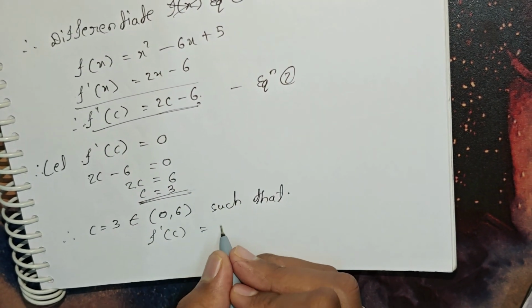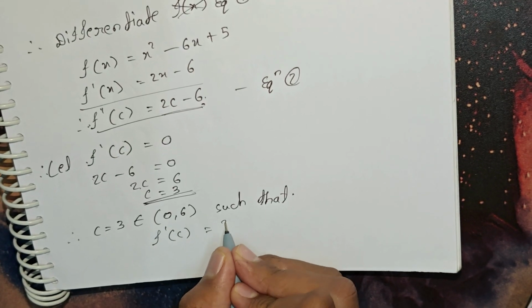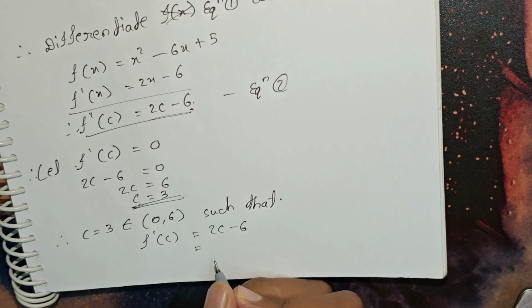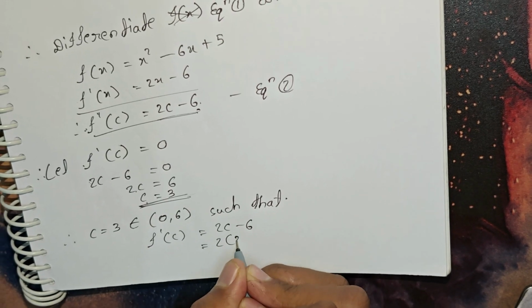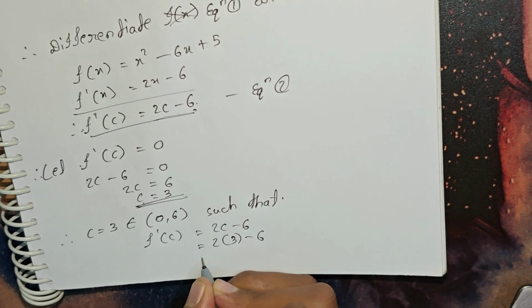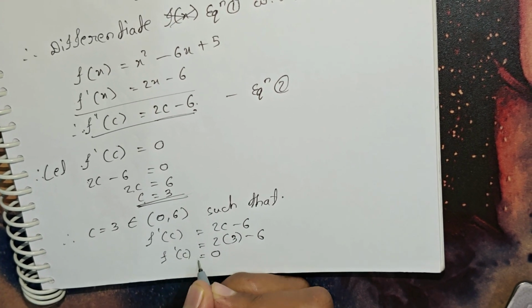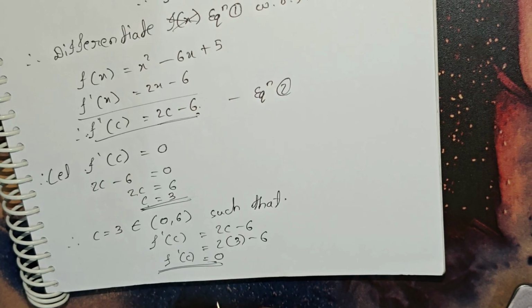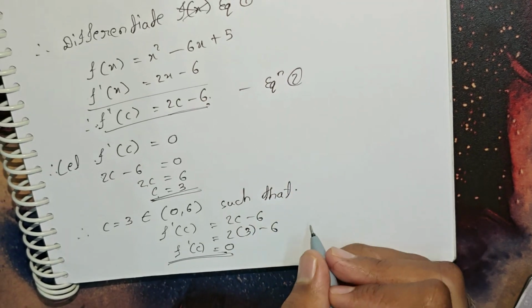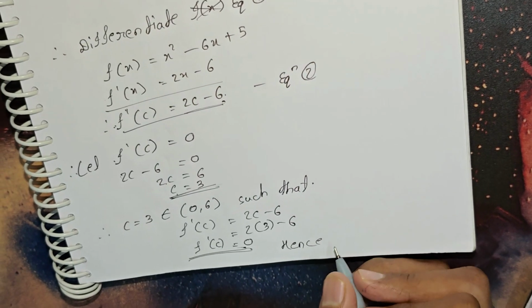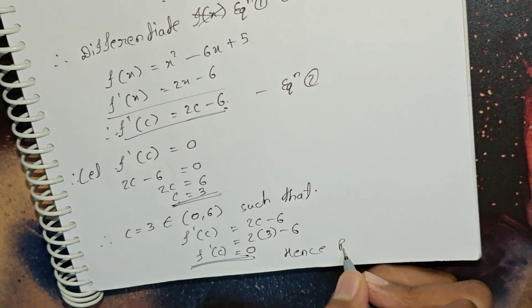F dash of c is 2c minus 6. The value we have got is 3, so 2 of 3 minus 6 is 0. Here we get f dash of c is equal to 0. So it is our final value. Hence it is proved. Hence Rolle's theorem is proved.